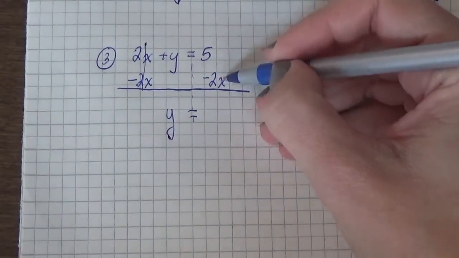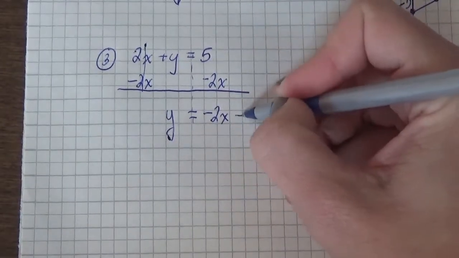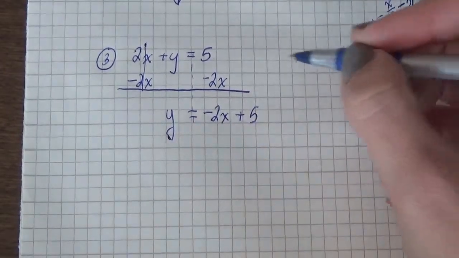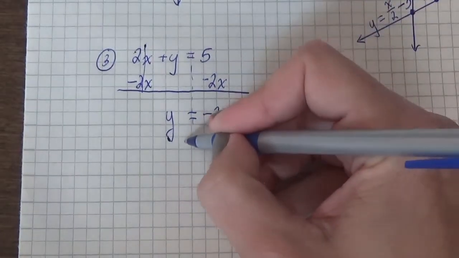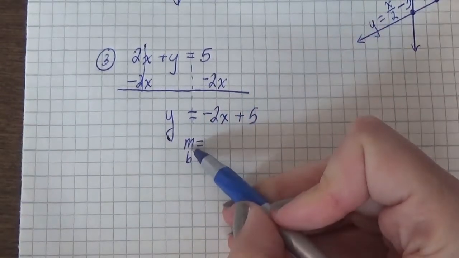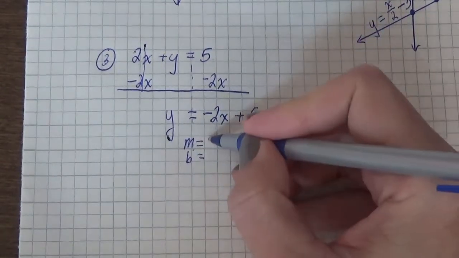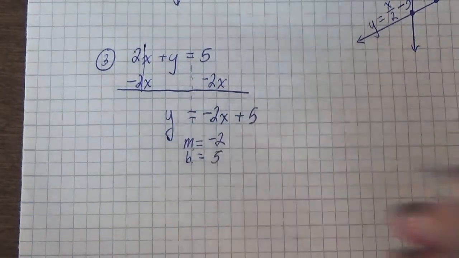Here, if you remember, we were writing the term with the x first. Now maybe you understand why. So that's a -2x and a +5. So if I was going to graph this, I would figure out the slope is -2 and the y-intercept is +5.